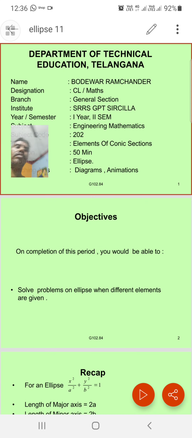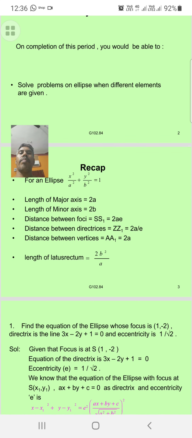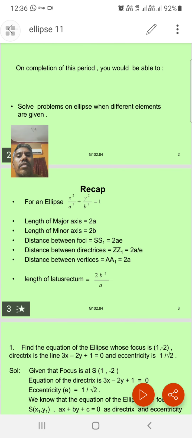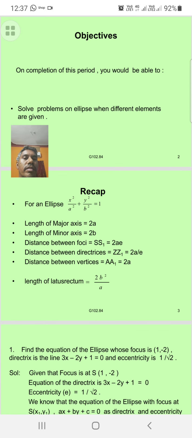So before going to solve, we have to think about what elements are given in the question, and from that we have to analyze which equation is nearer among the four equations of the ellipse.